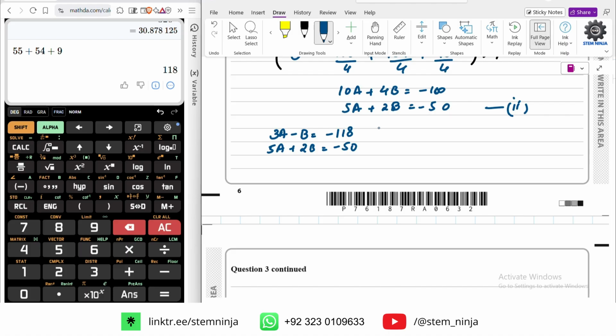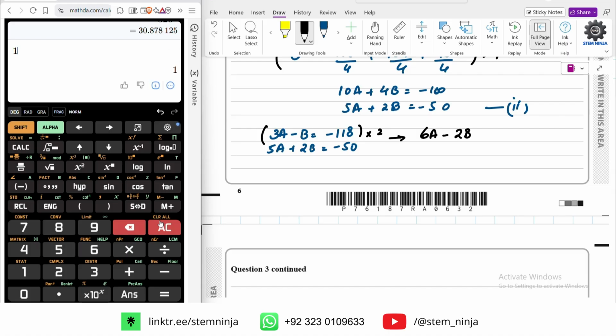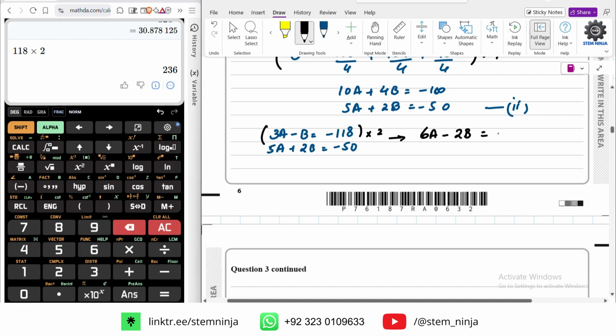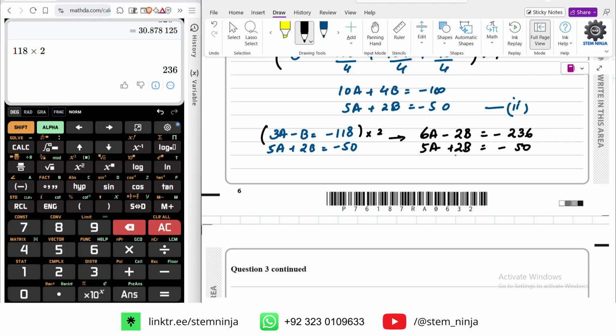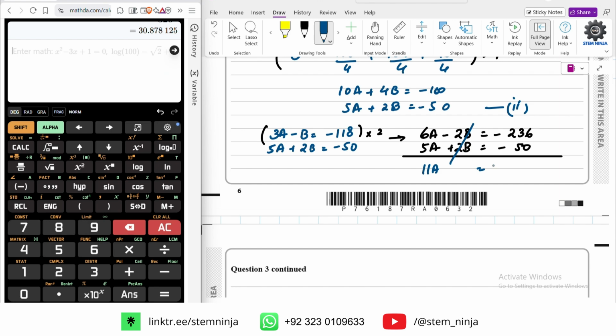So what we can do over here is multiply this equation by 2, getting us 6a minus 2b, and 118 times 2 is 236, so minus 236, and you have 5a plus 2b equals to minus 50. So we just need to add these equations up. 6 plus 5, 11a equals to minus 286.